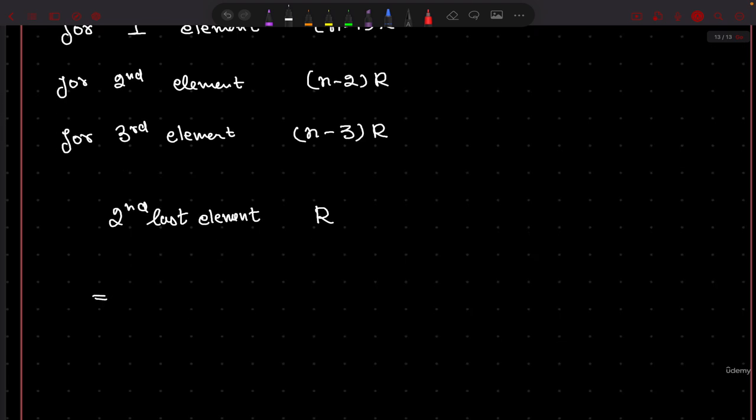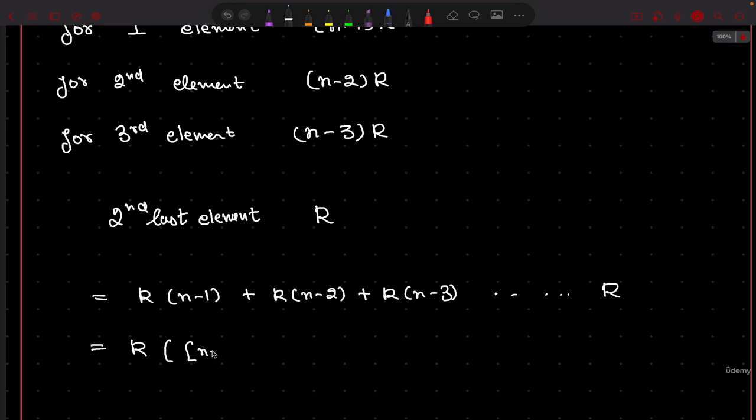If I add them, it's going to be k into n minus 1 plus k into n minus 2 plus k into n minus 3 all the way till the final k. Now here I can take the k common and write it like this: n minus 1 plus n minus 2 plus n minus 3 all the way till 1.